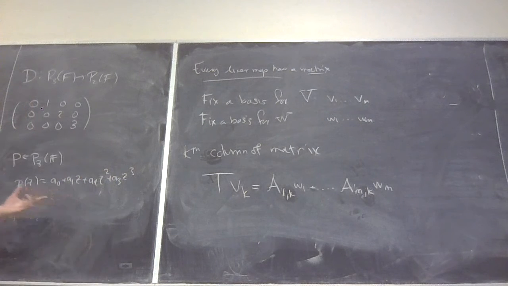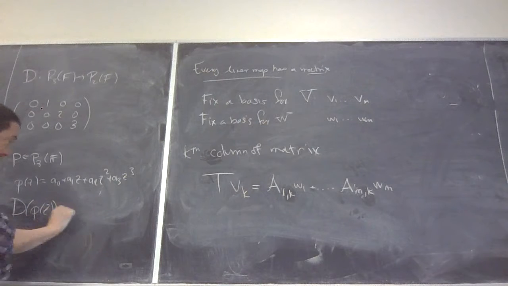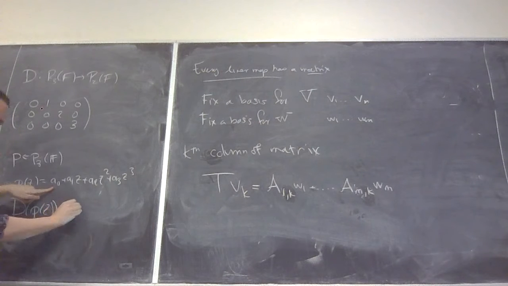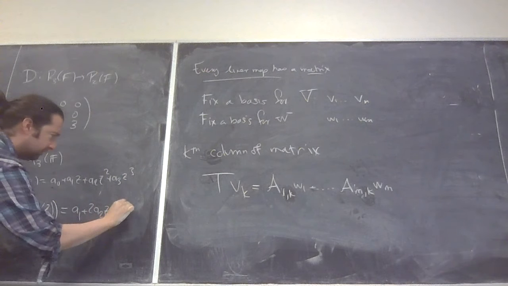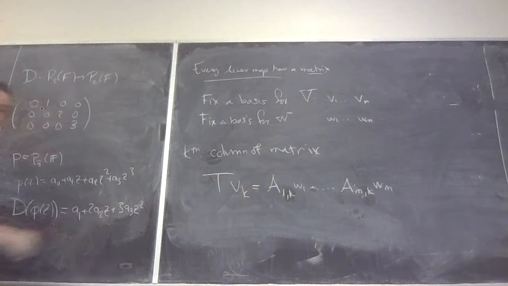That's just what it means to be in P_3. I can take D and apply it to p, and what I get is a_1 plus 2a_2 z plus 3a_3 z squared. You take the derivative and you get this out the other side.